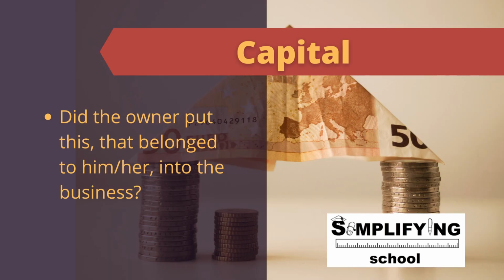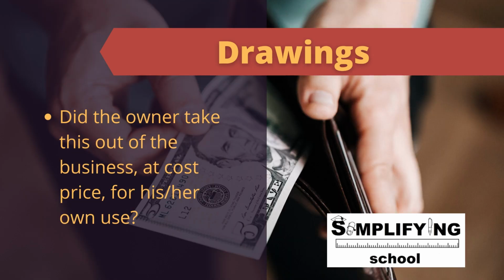Capital is anything an owner puts into the business. This can be cash or items such as equipment, vehicles, or buildings. Drawings are whatever a business owner takes out of their business for personal use. This can be money, equipment, vehicles, or even stock at cost price.